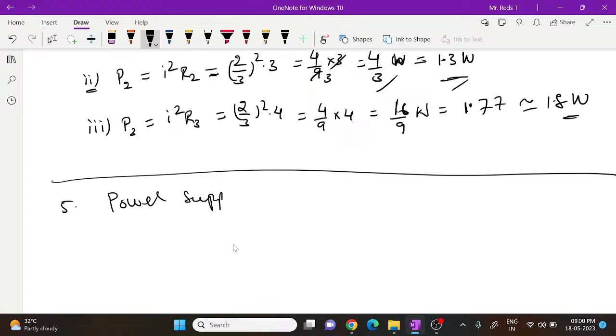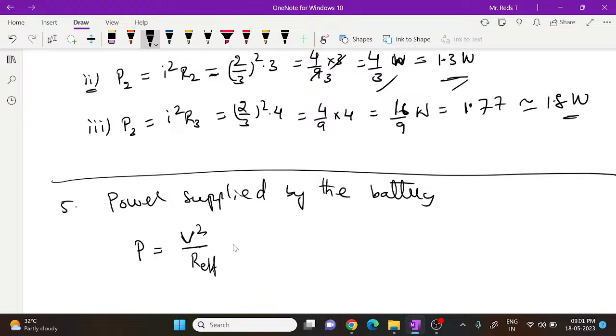Power supplied by the battery, because the battery has a potential difference of 6 volts. So power supplied is equal to VI or I square R or V square by R. Here the battery's potential difference is given, so we can take it as V square by R effective.